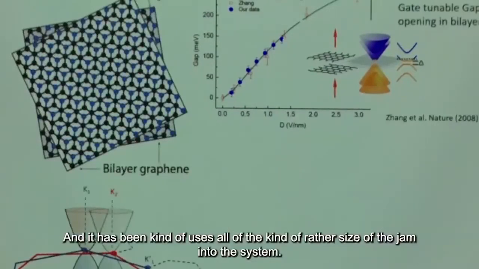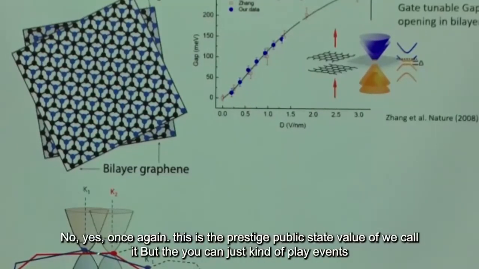Now, once you get into this twisted Bernal stack bilayer, often we call it twisted double bilayer graphene, you can play very similar games as twisted single layer graphene, twisted bilayer graphene.